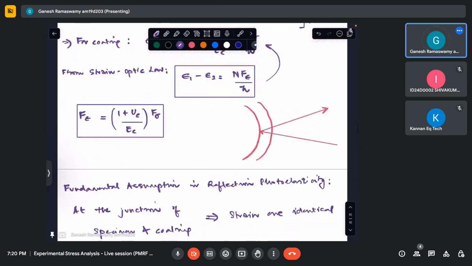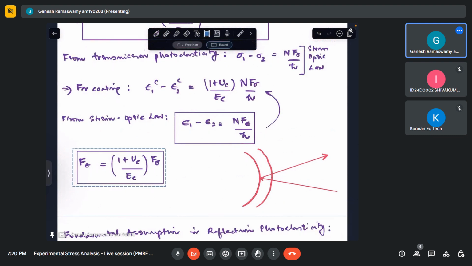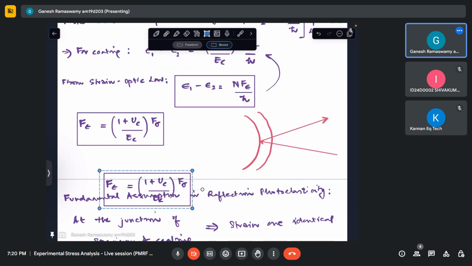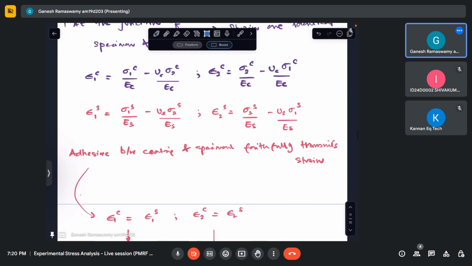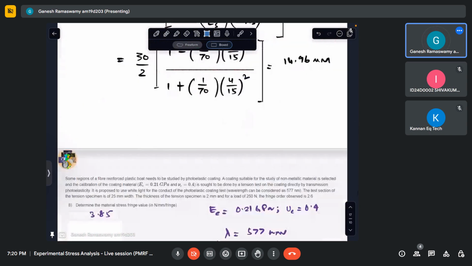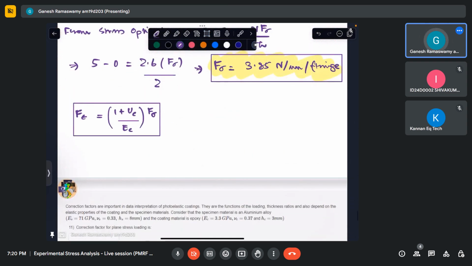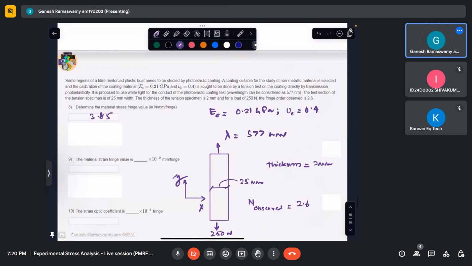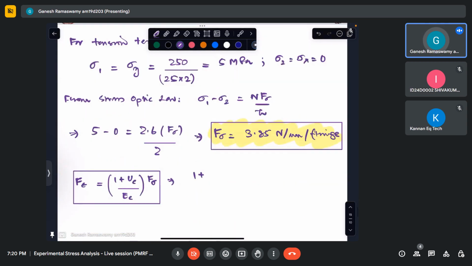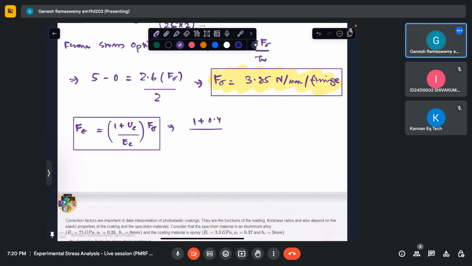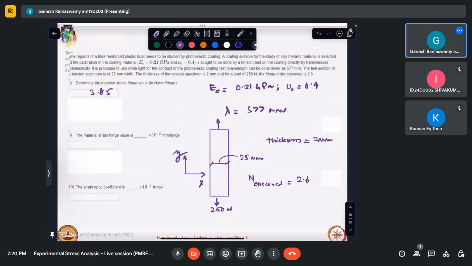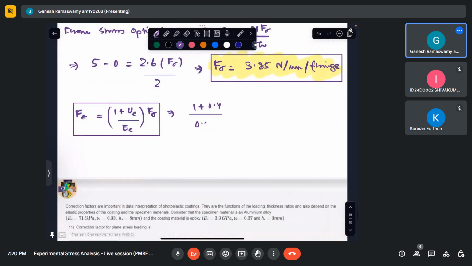This gives me 1 plus Poisson's ratio, which is given to be 0.4, by E_C. E_C is given to be 0.21 E3 because we have to substitute that in consistent units. Since this is Newton per mm, we have to substitute that in MPa into 3.85. So this gives us f epsilon as this upon 0.21 into 10 power 3 into 1.4.